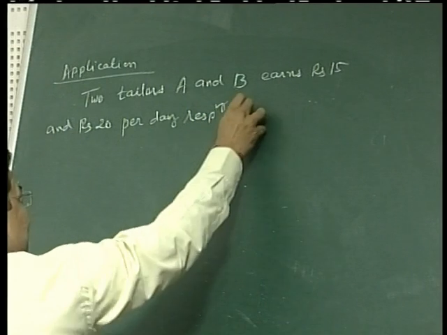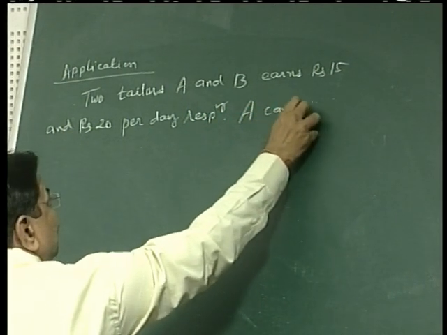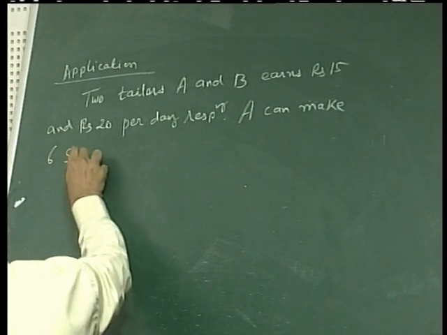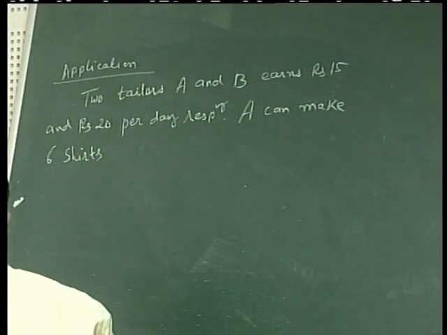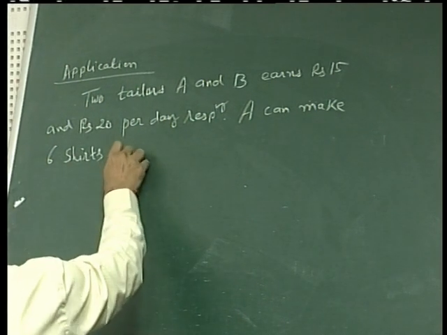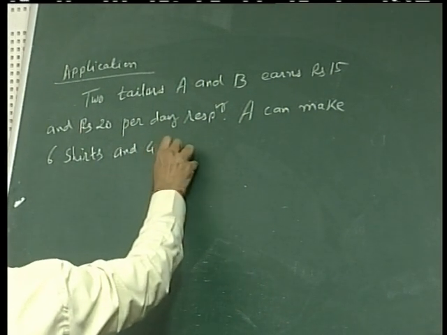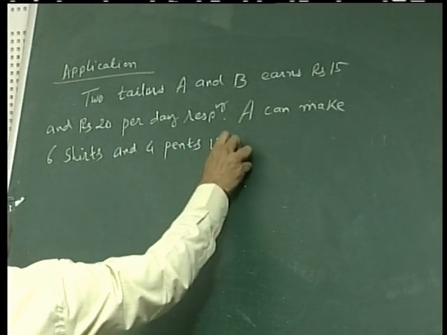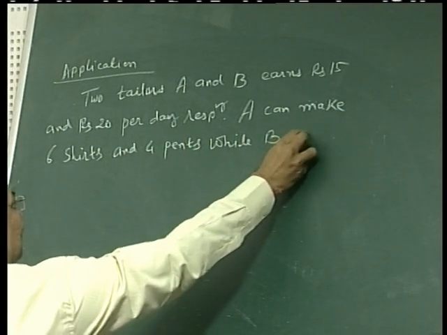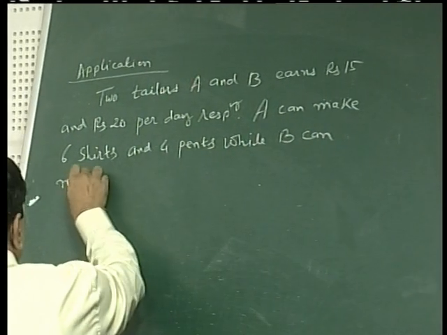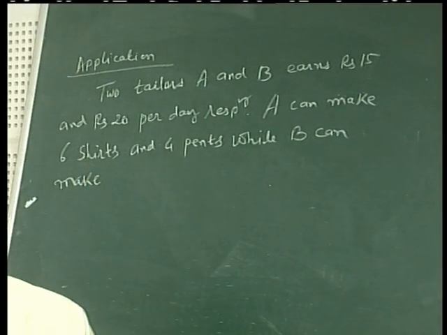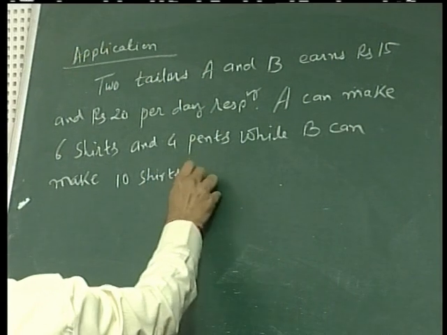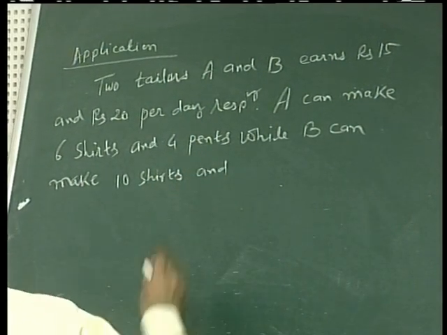A can make 6 shirts and 4 pants, while B can make 10 shirts and 3 pants.